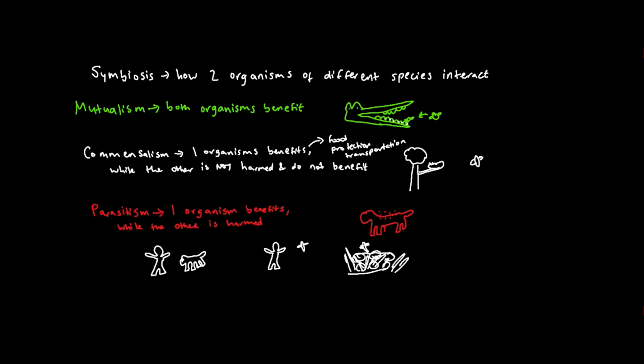Before wrapping up this video, I just want us to do a few more examples just for practice. So, what is the relationship between you being a human and, let's say, a dog?